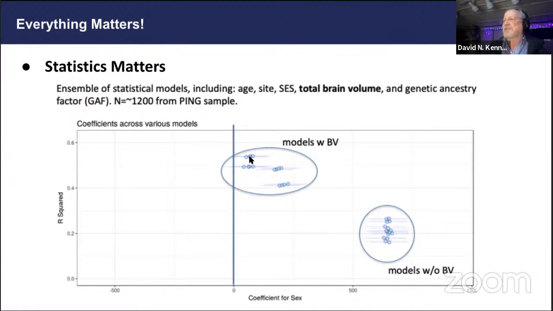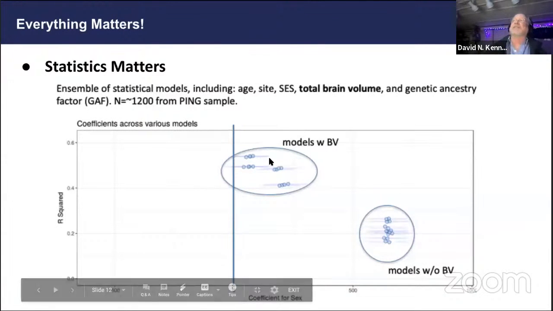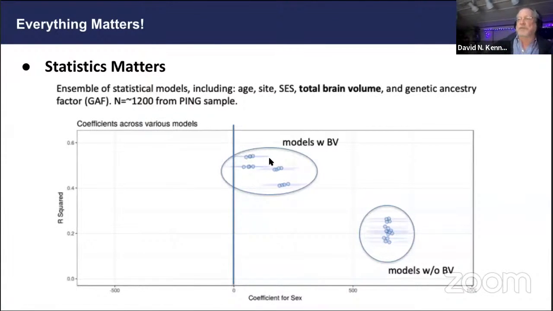And also some of these models are much better at predicting the overall variance of the data compared to others. So again, when we took out brain volume, we doubled our ability to accurately model the data, but we also dramatically reduced the effect size of sex on the hippocampal volume here.